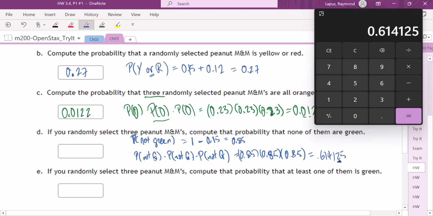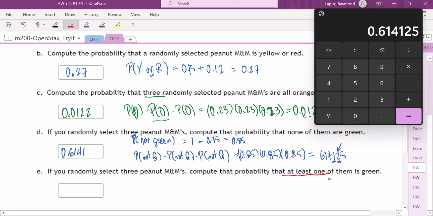Again, rounding off to 4 decimal places, I look at this 2, that's less than 5, so I'm going to stick with 0.6141.